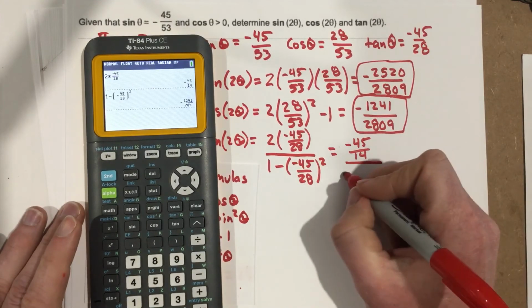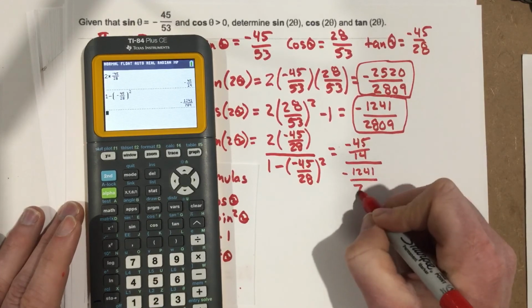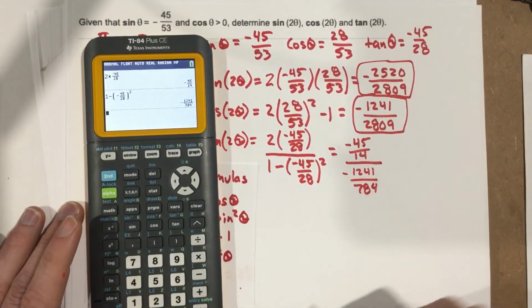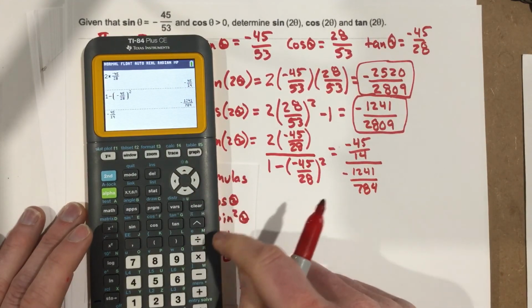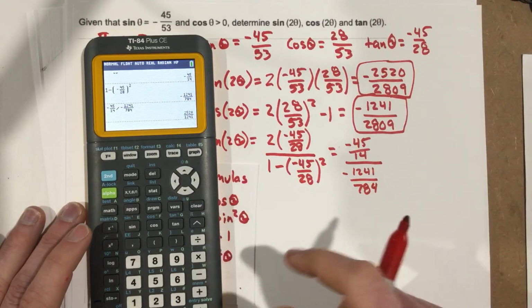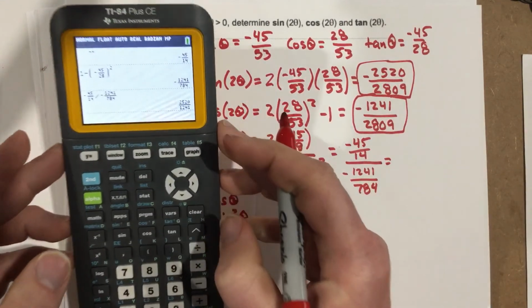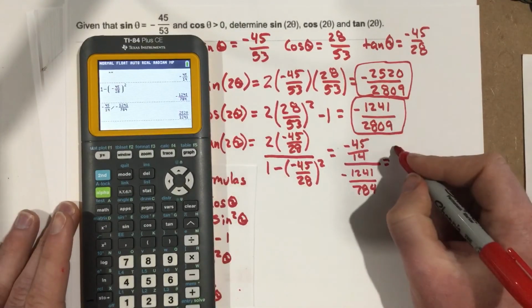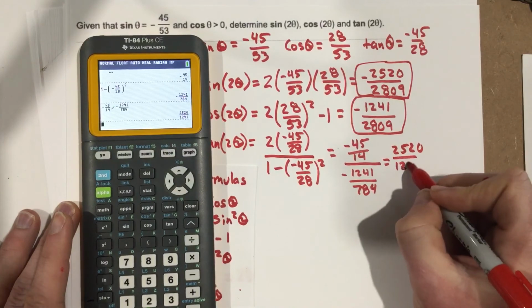And we get negative 1241 over 784. Now let's actually divide those. So this divided by this gives you 2520 over 1241.